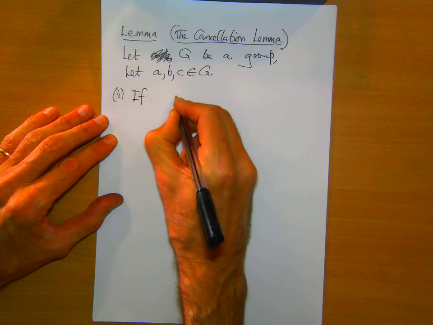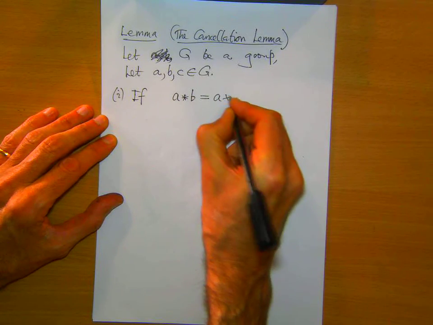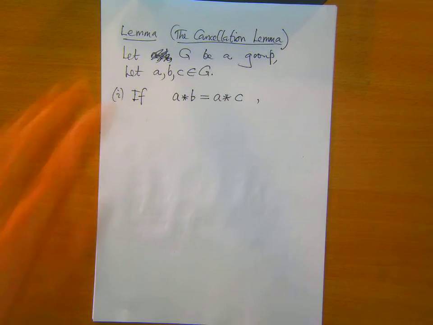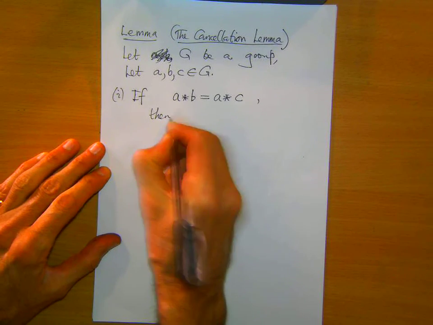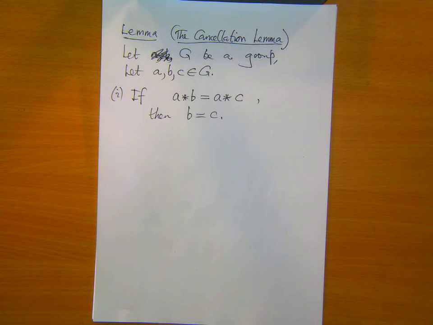So if A star B equals A star C, suppose it happens to be the case that A star B is A star C, then we can cancel an A on the left and deduce that B equals C. We want to be able to do manipulations like that, and the group axioms let us do that.